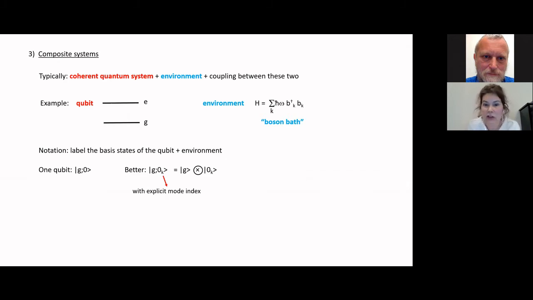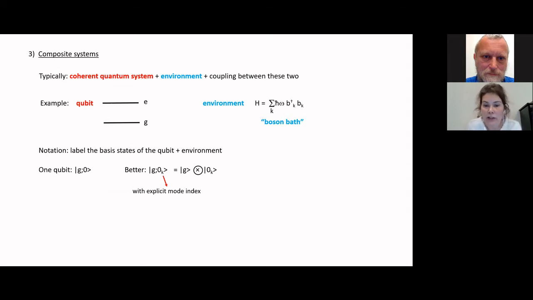Better still, especially if there are more modes involved, is that you specify which modes are empty. So add an index k to the vacuum state: there are no modes of the type k. This becomes important if you have exchange and modes are transferred, from one mode it becomes another mode, the momentum is exchanged. So then you need to specify which modes are filled and which are empty.